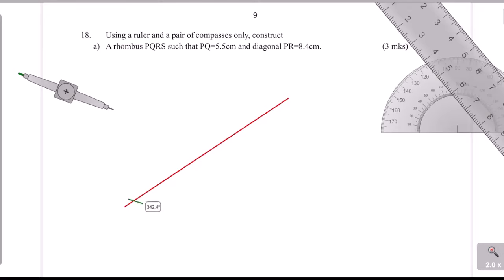So P is there. I need PR to be 8.4 centimeters, so I'll take a measurement of 8.4 centimeters. I'll use my pair of compasses. It is calibrated.